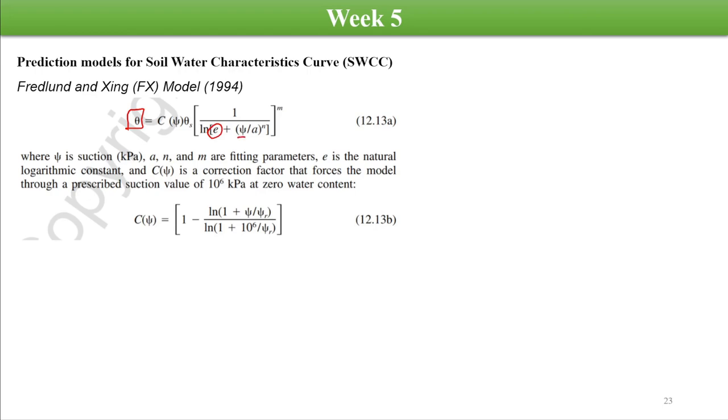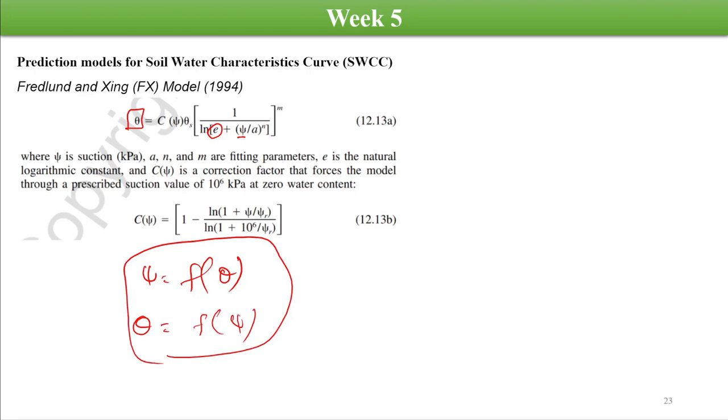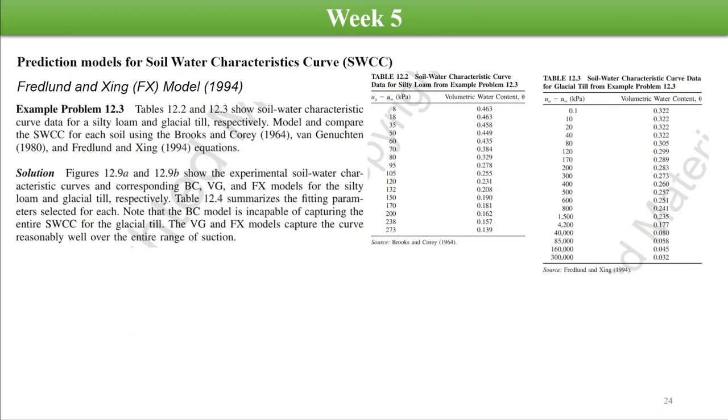But this formula is not reversible, so you cannot write psi in terms of theta, the volumetric moisture content, but you can write theta in terms of psi, right? But in the other two models, these are reversible, so you can write both in terms of the other. Okay, so this is one example which you can solve similarly as we have solved the two models which we have seen earlier, right?